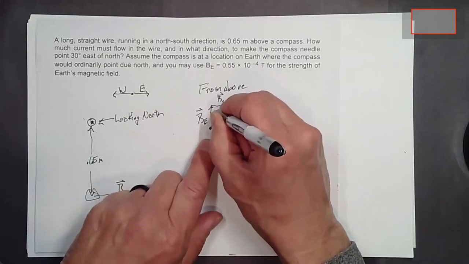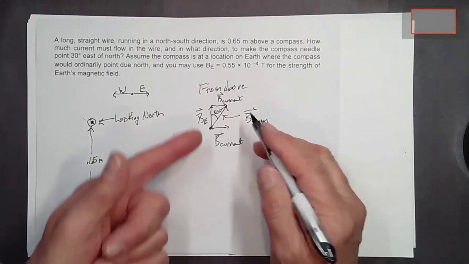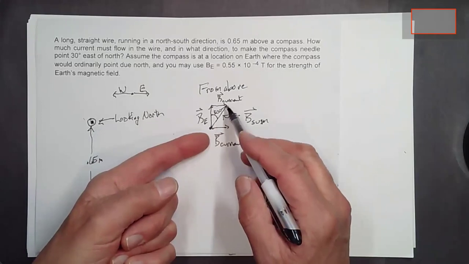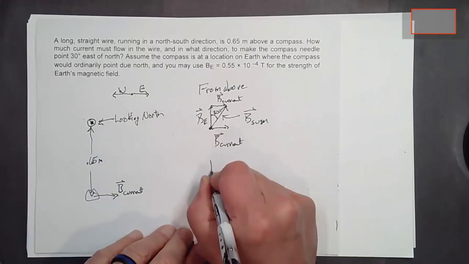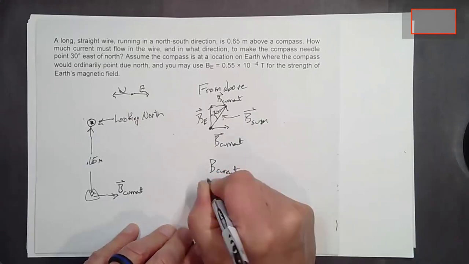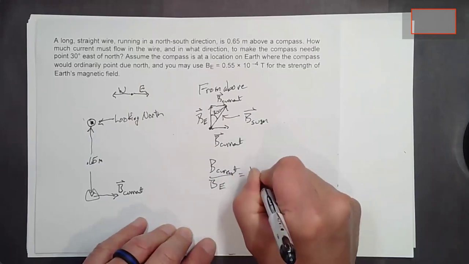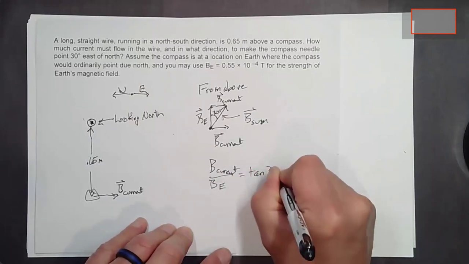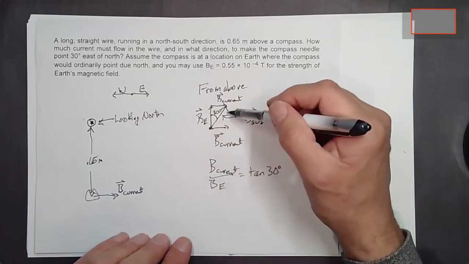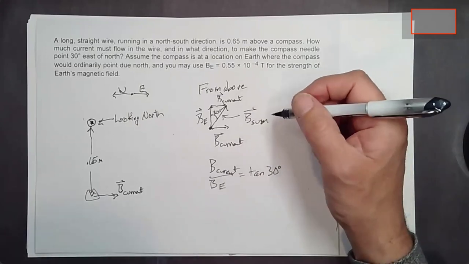Well, we can actually figure that out. B current over B sub E is going to have to equal the tangent of 30, magnitude-wise, because when they add together, they produce a magnetic field that points 30 degrees east of north.